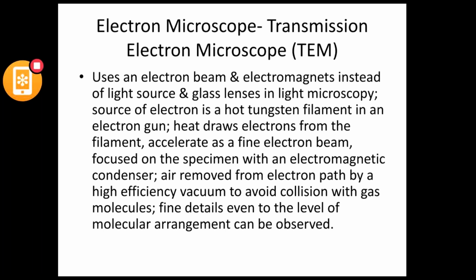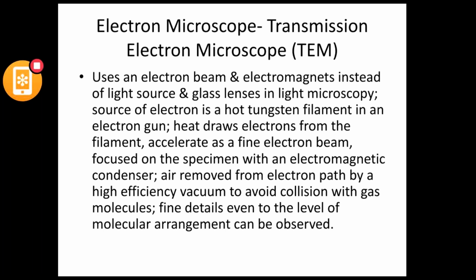In light microscopy, if you remember, the light source is focused by the condenser lens on the object. There is an ocular lens near your eye and an objective lens near the specimen, and these two lenses magnify the image. Whereas in TEM, heat draws electrons from the filament, which are accelerated as a fine electron beam and focused on the specimen with an electromagnetic condenser.